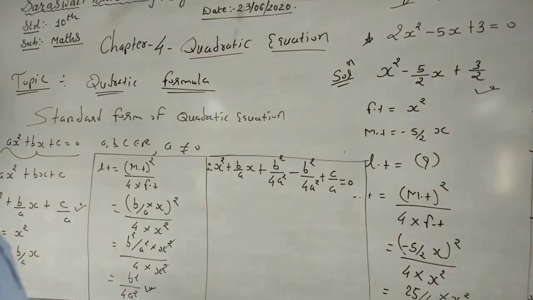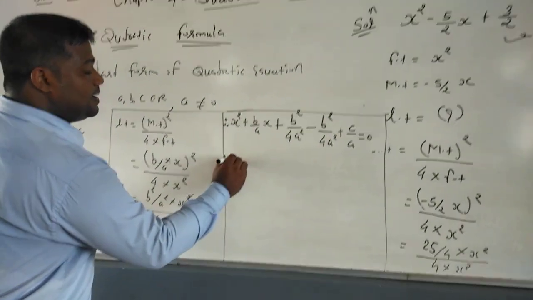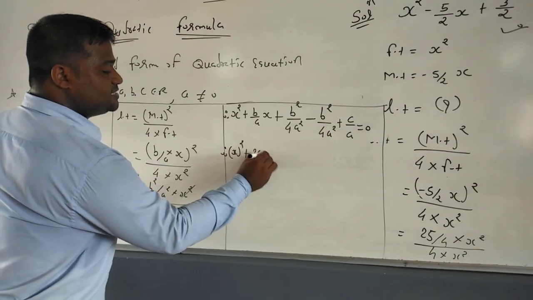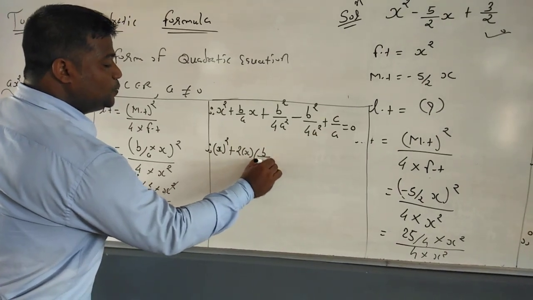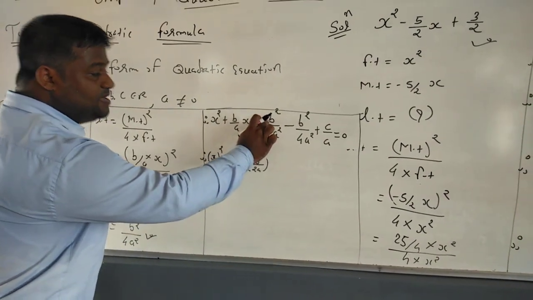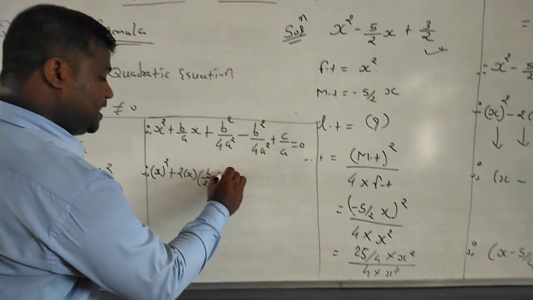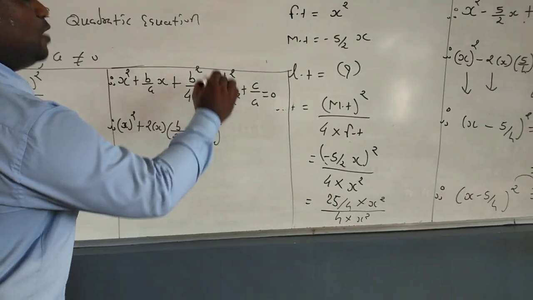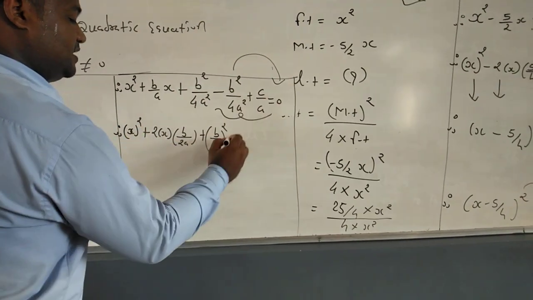Now you are all familiar with the perfect square trinomial. So here I am going to write the first term to the square, plus 2 into the first term, and what is your last term? The last term is b by 2a: the square root of b square is b, the square root of 4a square is 2a, so plus b by 2a to the square. Now these two terms I am going to take over to this side of the equality.